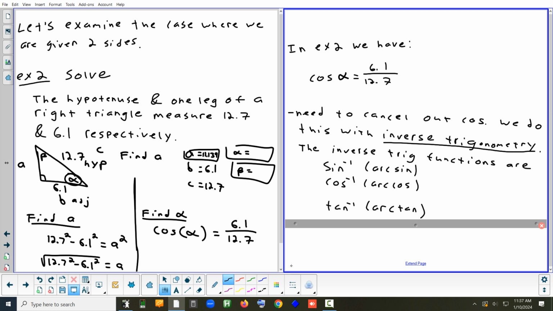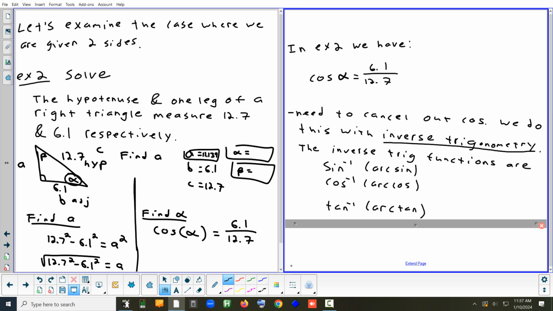The -1 is a special symbol that means inverse trig. Sine with a -1, cosine with a -1, or tangent with a -1.